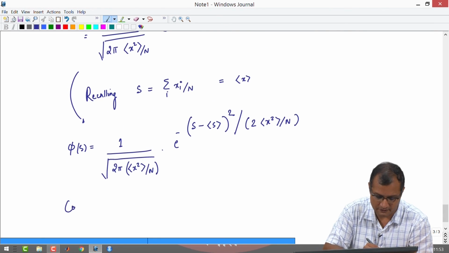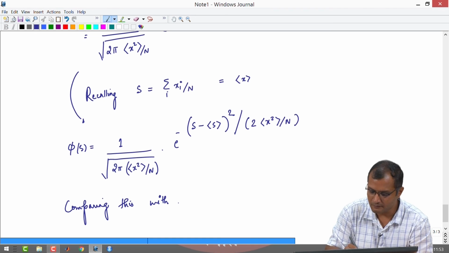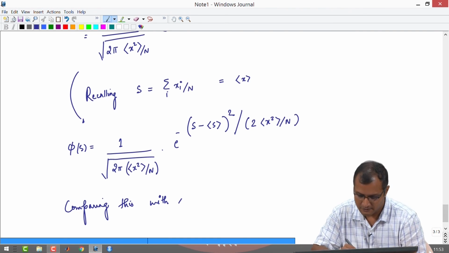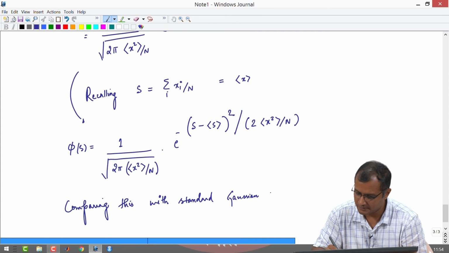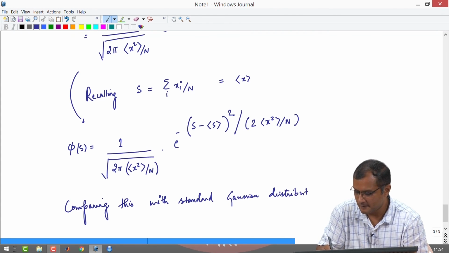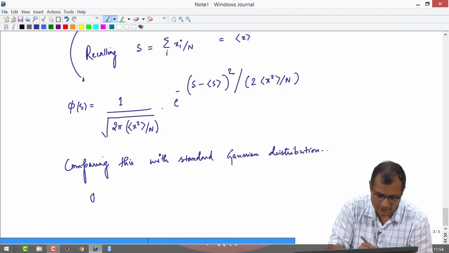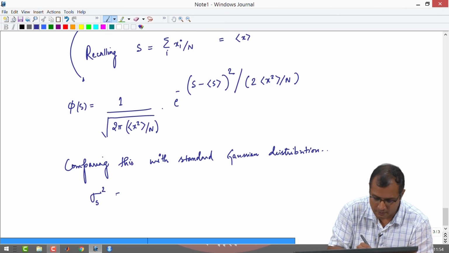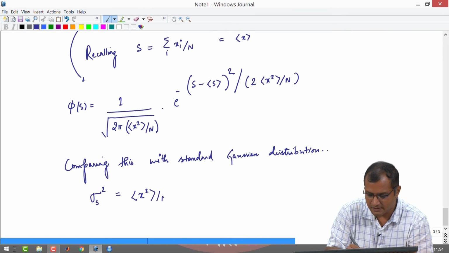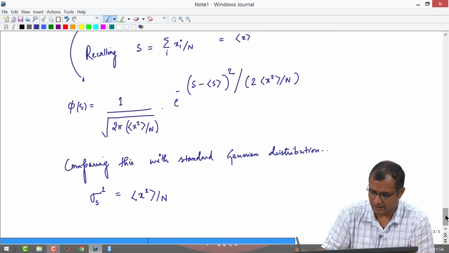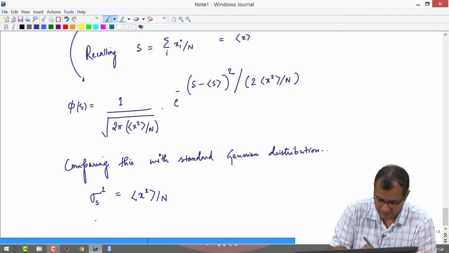Okay. Now, if you compare this with the definition of a standard Gaussian distribution, or standard normal distribution, you can see that the variance of the S distribution is nothing but the second moment of the random variables that were drawn from P of x divided by n, and the mean of this was just nothing but the mean of the variables themselves.